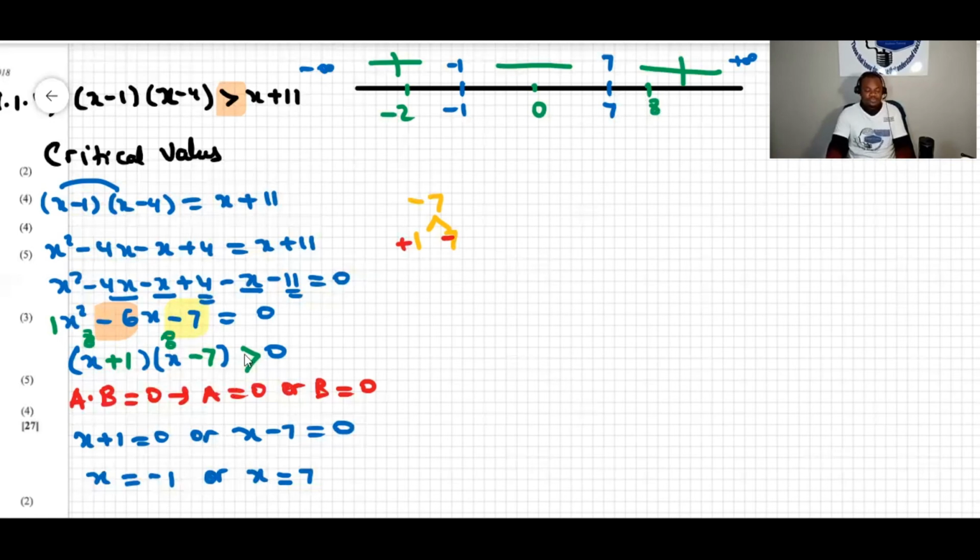Now, because we want the solution that is positive, this means our answer lies over here and over there, but not over here. Then we can say x is less than negative 1, or x is more than 7. This is the answer.